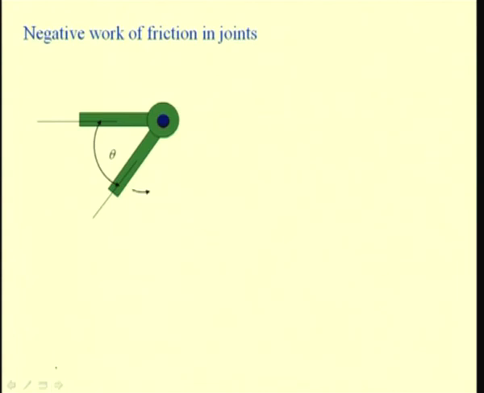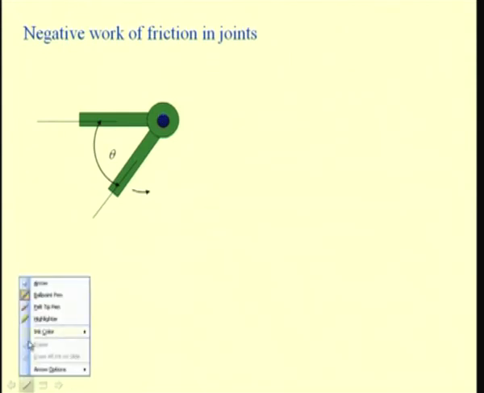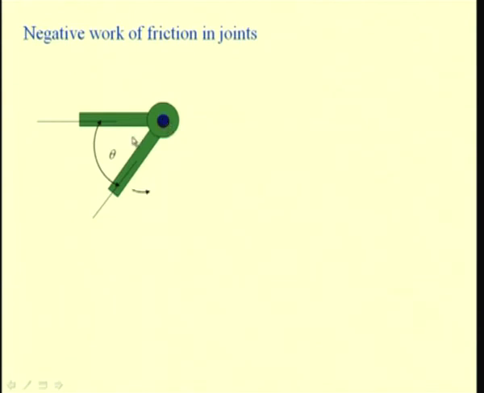So, with this understanding, let us try to see how friction acts in the joints of, say, connected rigid bodies. Here you have two links connected at this joint. Let the two links for this particular position be at an angle of theta, and let us assume that there is a virtual displacement of this link in this direction.